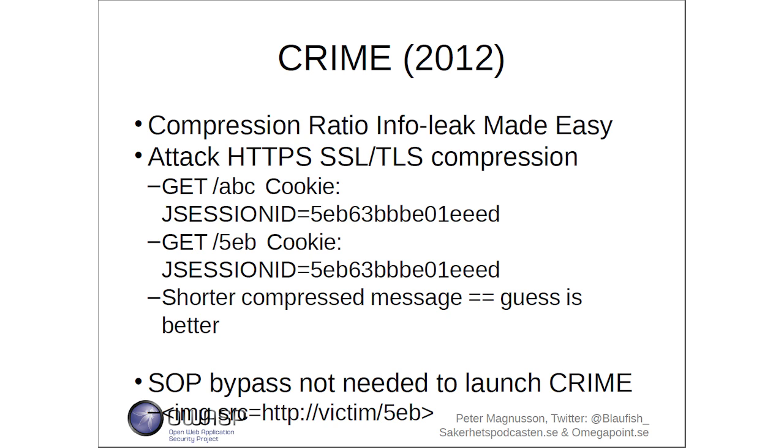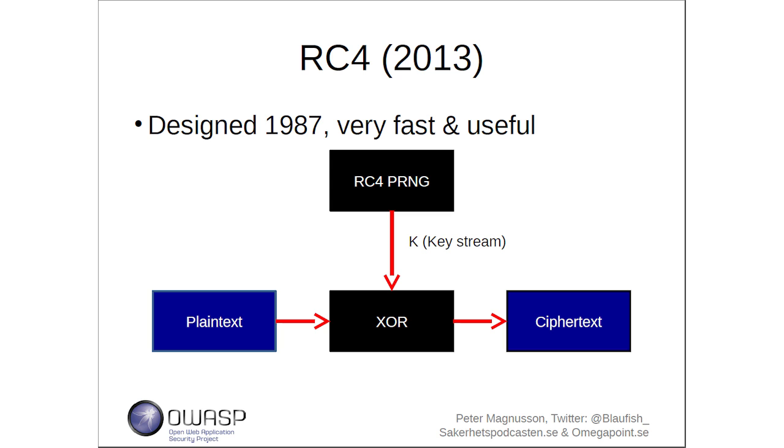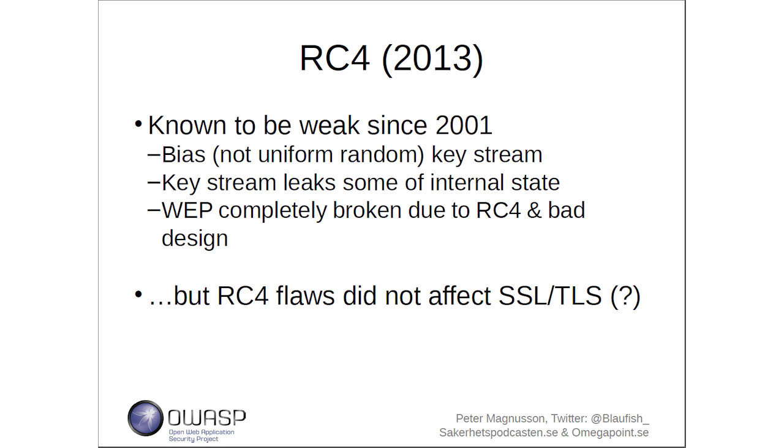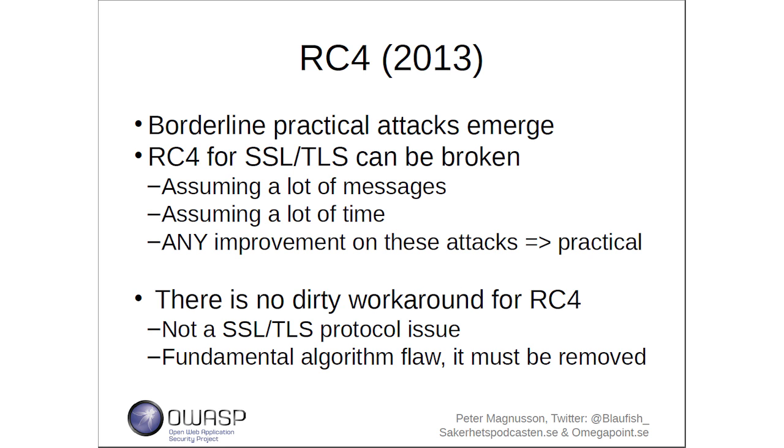I think the most recent talk about practical vulnerabilities has been about the RC4 algorithm. You might recall RC4 as the insecure thing which broke wireless encryption. People thought about the problem and decided that this is not a problem for SSL/TLS, and a lot of people used RC4 on the internet. Then this year scientists published that there are even more problems in RC4 that we didn't know about.